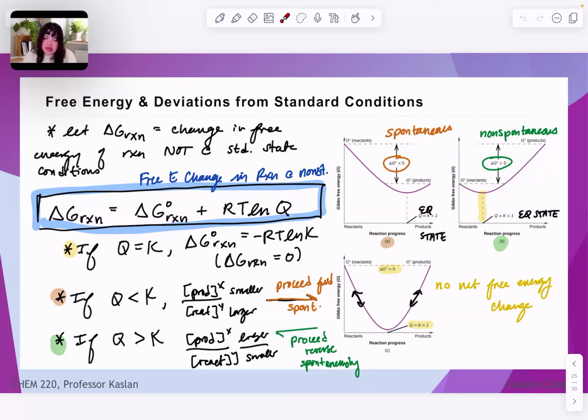So what I want to do now is see if we can practice utilizing this equation, meaning actually determining whether we have systems established that would be endergonic or exergonic based on their free energy calculations.